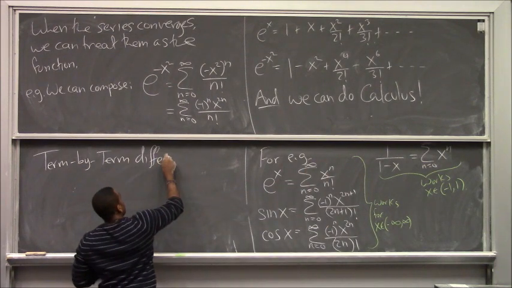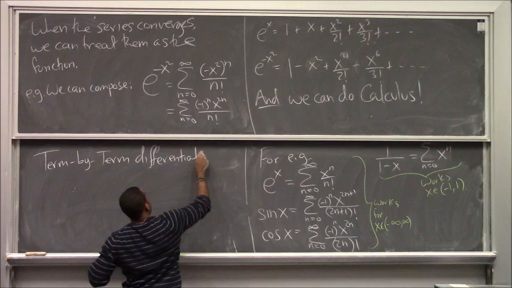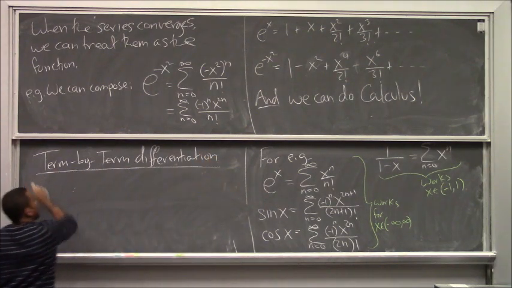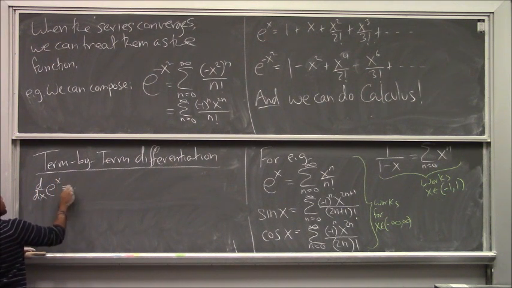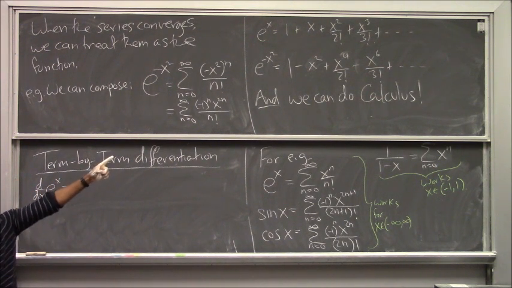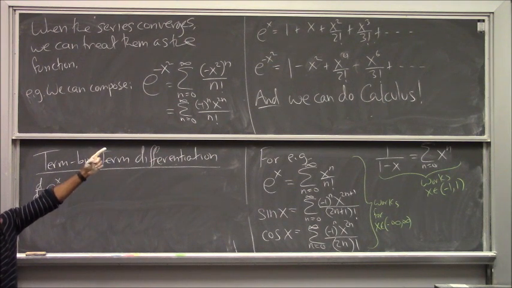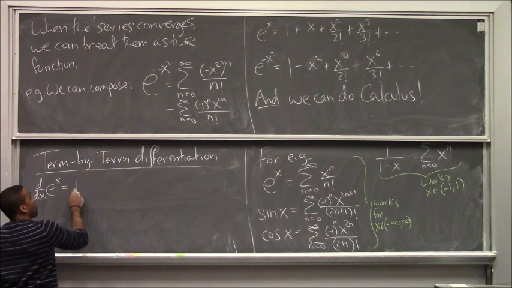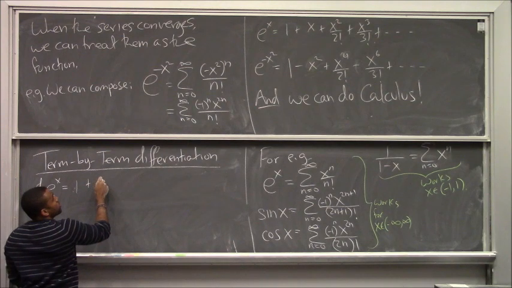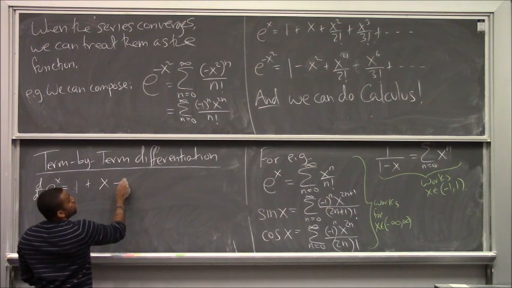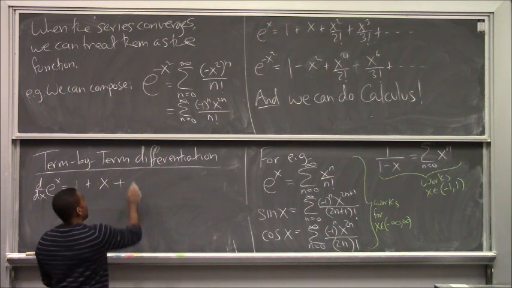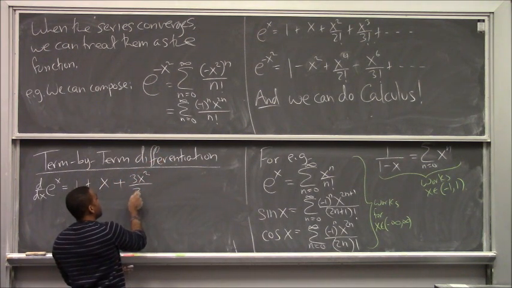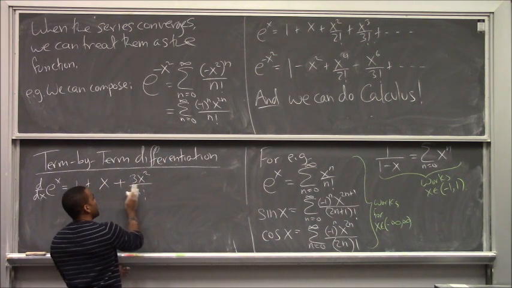So we can do something called term-by-term differentiation. If I wanted to look at what the derivative of e to the x would look like, I can just differentiate that side. Derivative of 1 is 0, derivative of x is 1, plus x, plus the 3 would come down, and I would get 3x squared over 3 factorial, which simplifies to x squared over 2 factorial.